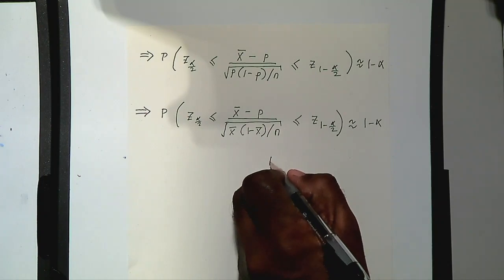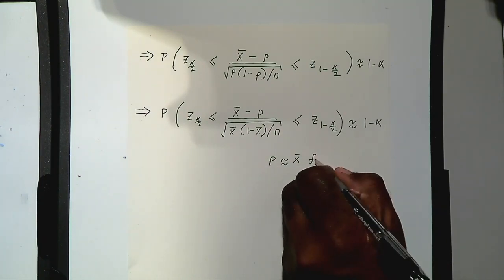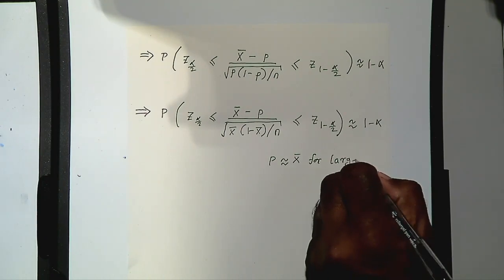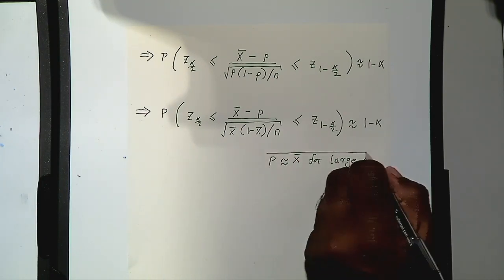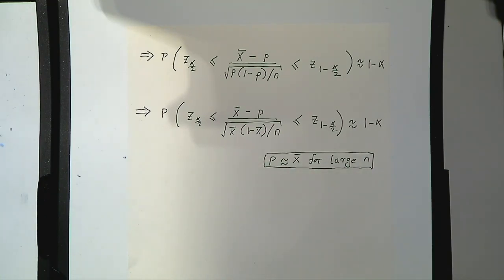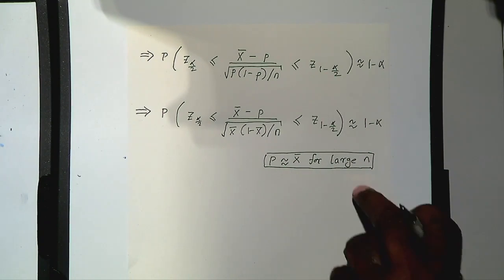I have replaced P by X bar, because in real life we don't know the value for P, right? And in order to construct a confidence interval, we need to know what P is, right? So I have replaced P by X bar. X bar is the mean, right?